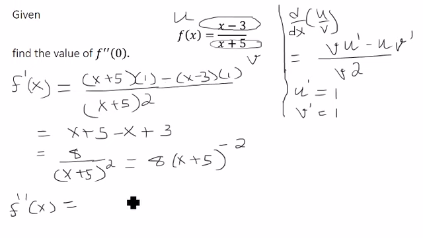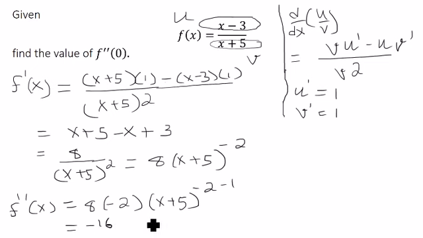So in that case, it's going to be 8 times, you bring this negative 2 in the front down here, and then subtract 1 from that negative 2. So negative 2 multiplied by 8 times x plus 5 to the power negative 2 minus 1. And that's going to be a negative 16. And the power here is negative 3. So I'm going to write that underneath 16, which is x plus 5 to the 3.